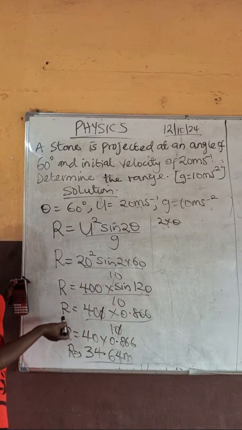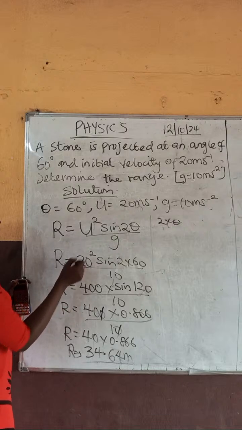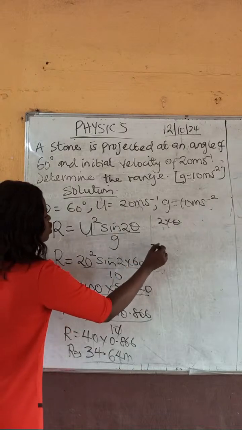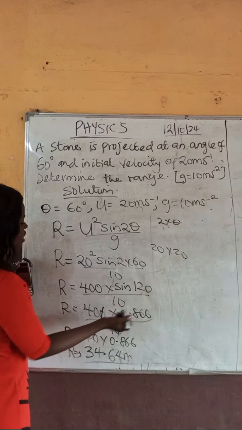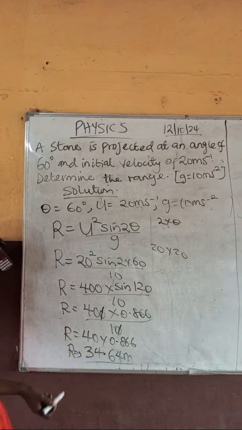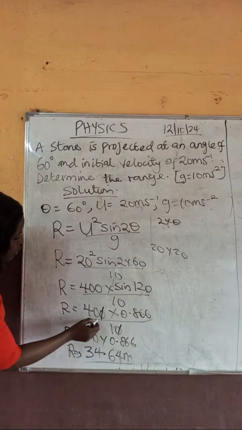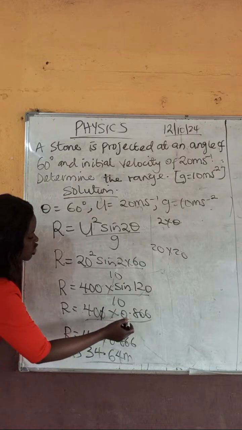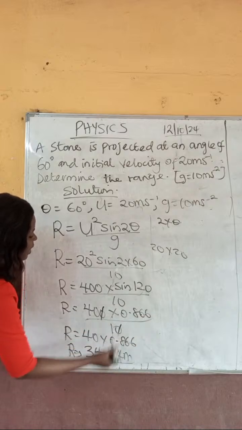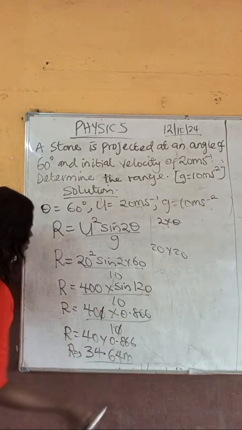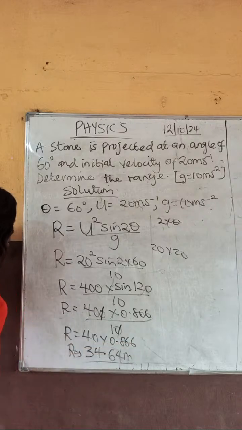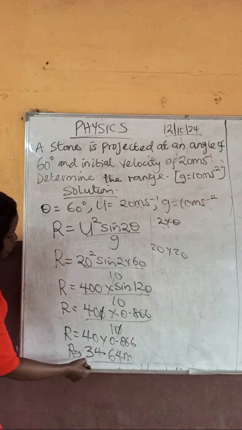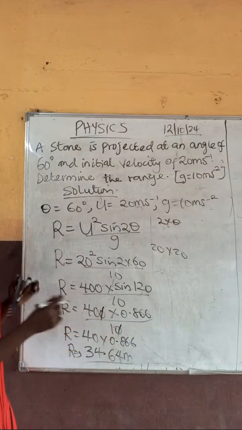Then R is equal to 20 times 20, which gives 400, sine 120 over 10. When you multiply, this is 400 times sine 120, which is 0.866, divided by 10. Now this zero cancels this zero. I am left with 40 times 0.866. By the time I multiply, I'm going to have 34.64 meters.